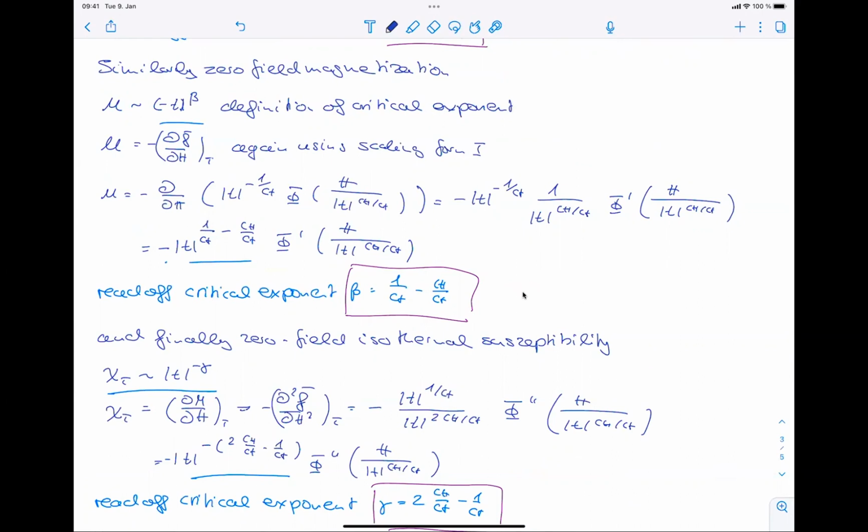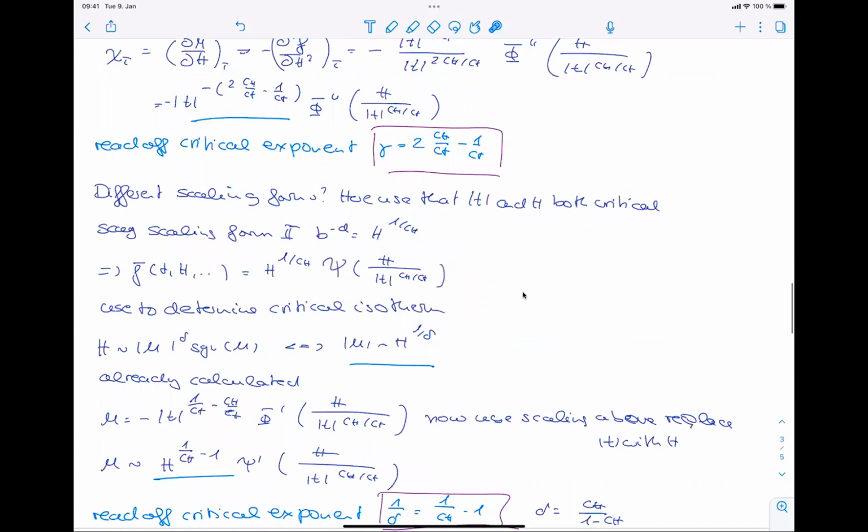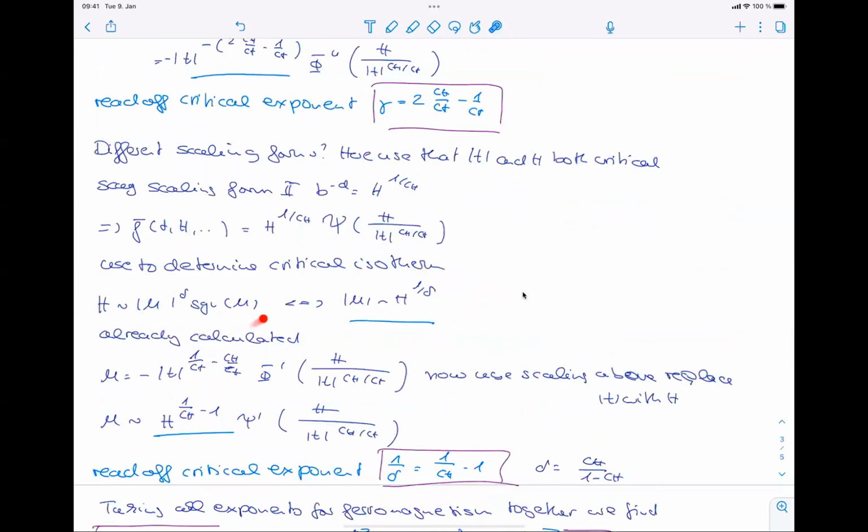Okay, so this is the 0 field. Okay, so the beta is the 0 field magnetization. Okay, and now we look at the critical isotherm, which has this functional dependence. And now you were arguing about the sign of the reduced temperature.